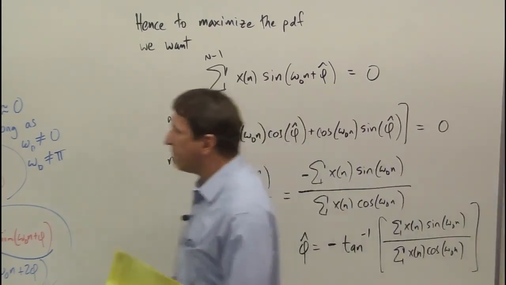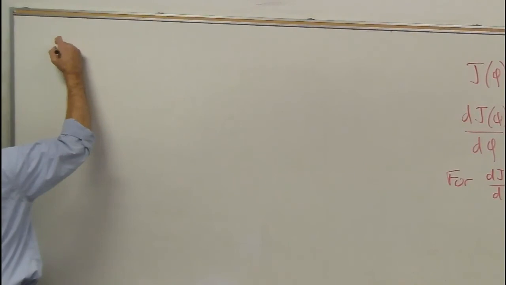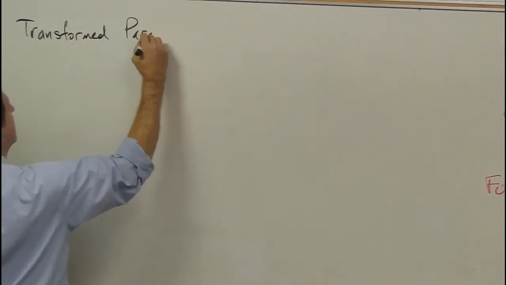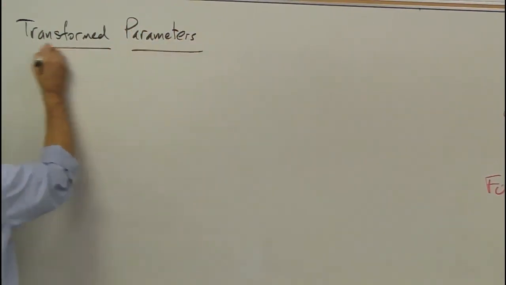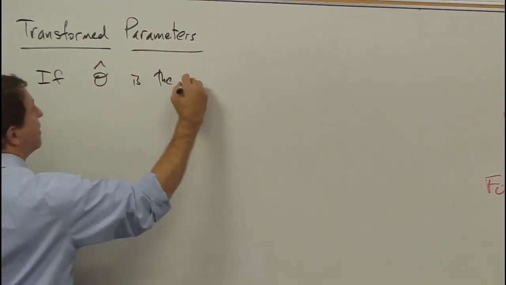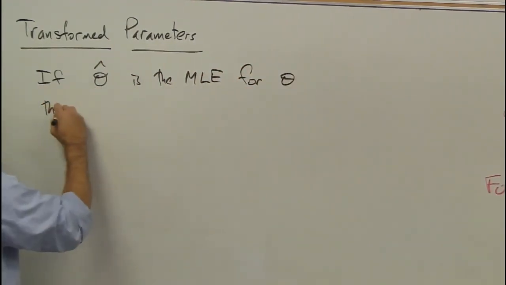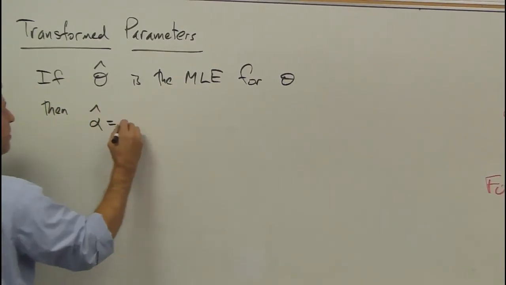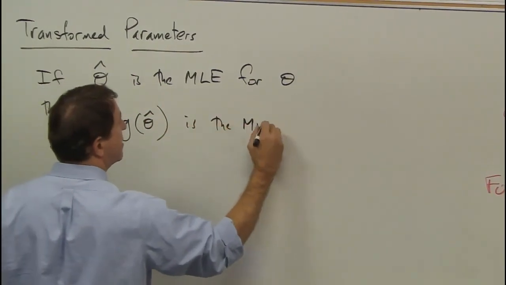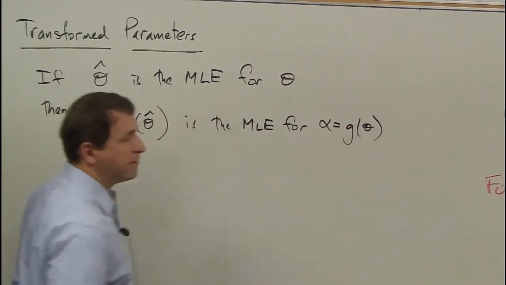Okay? One final remark that I'll make here is that for transformed parameters, if theta hat is the MLE for theta, then alpha hat equal to g of theta hat is the MLE for alpha equal to some function of theta.